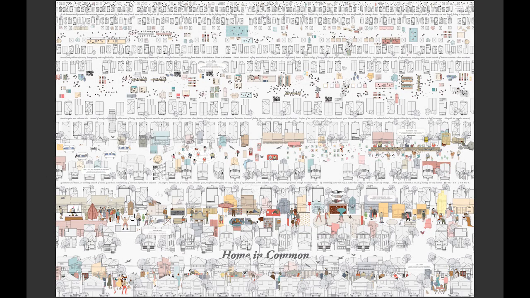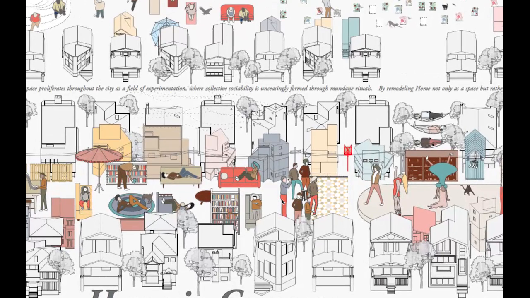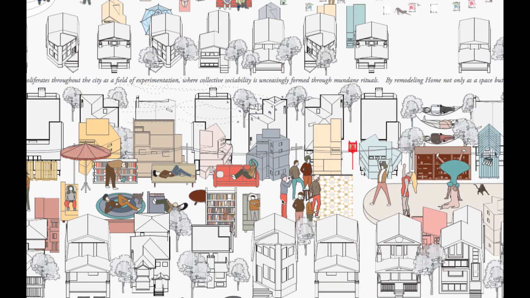I worked on it with 5 other people for a competition recently. It's an A0 drawing, so it's really large. And just to zoom in a little bit, it's quite highly detailed.